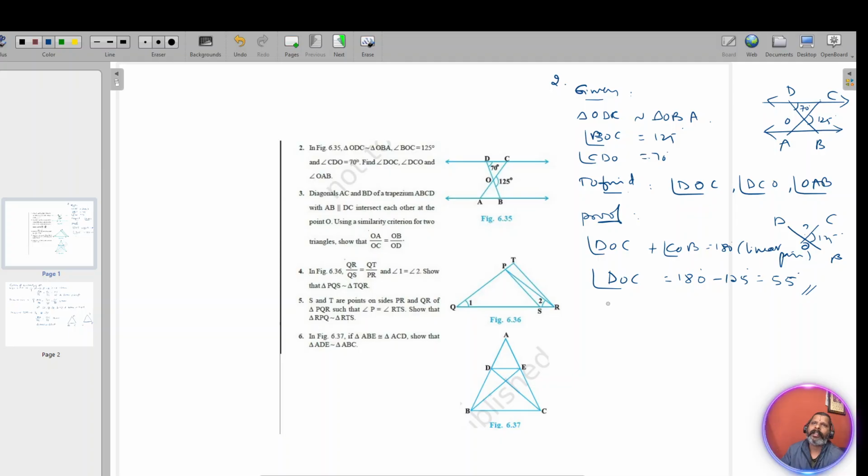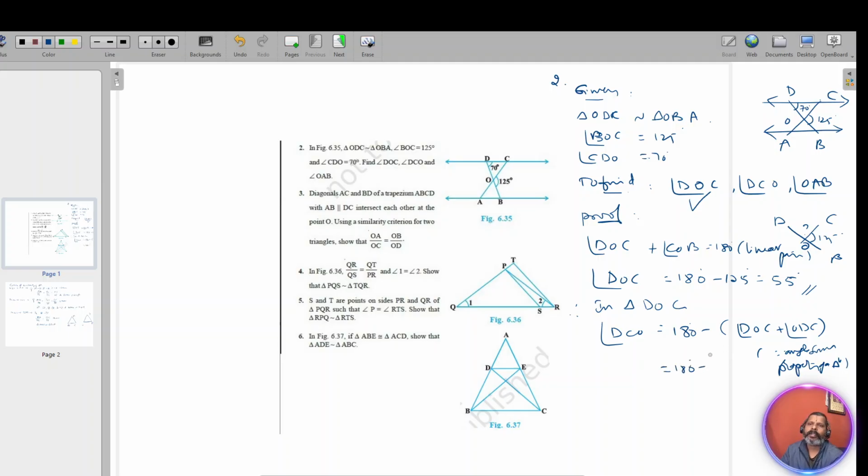Then DCO they want. In triangle DOC we have two angles known already, 70 and just now 55 we found. ODC is given, DOC we found 55. Therefore, by angle sum property we can find DCO. In triangle DOC, DCO equal to 180 minus DOC plus ODC, angle sum property of a triangle.